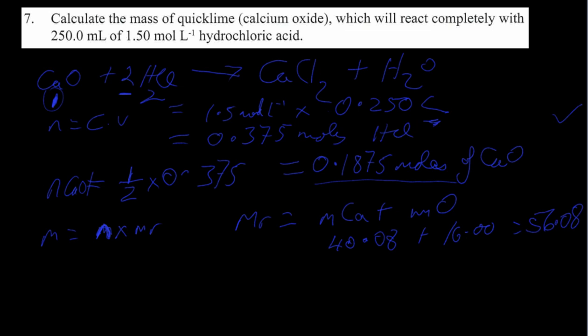Okay, so now we know our molar mass, we can plug our numbers in. The mass equals 0.1875 moles times 56.08 grams per mole, and you'll end up with a value of 10.5015, I think, grams.